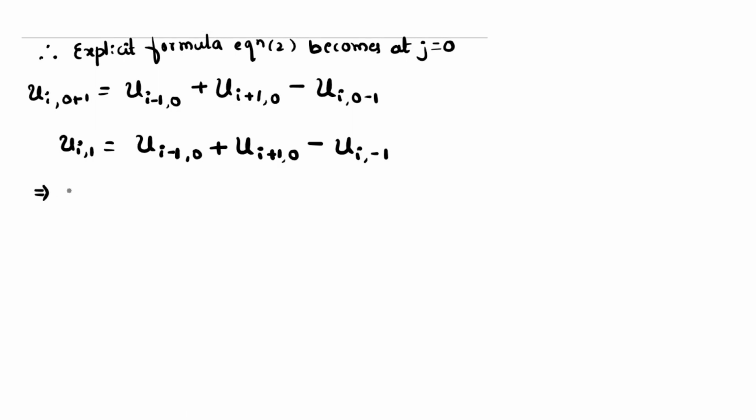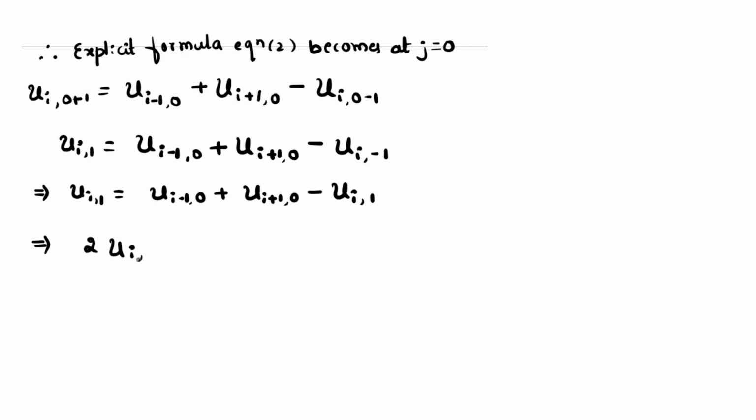But just now we have found that u(i, 1) and u(i, −1) are both same. So this is equal to u(i, 1). Therefore take this to the LHS. So 2 times u(i, 1) equals u(i−1, 0) plus u(i+1, 0).